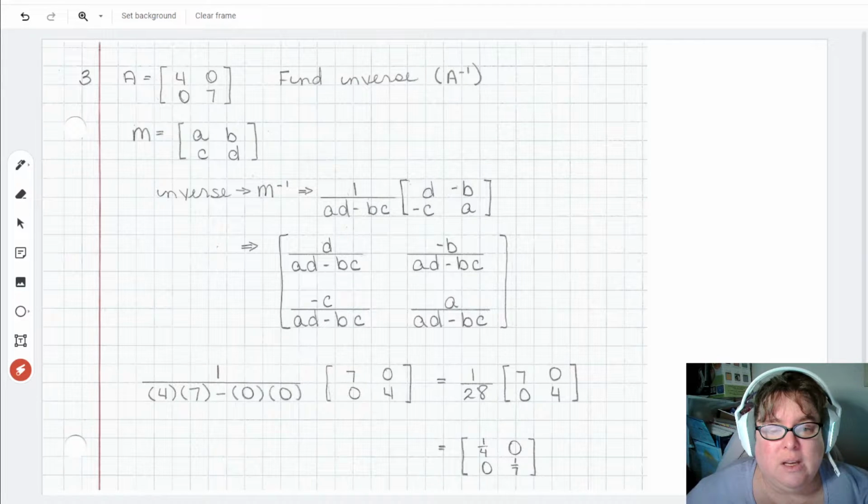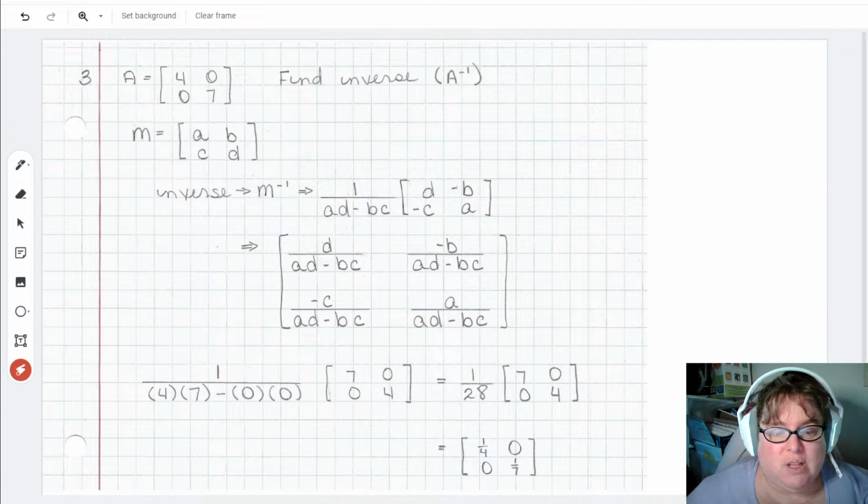Then you're going to multiply this matrix by the number that's in a times the number that's in d, minus the number that's in the b position times the number that's in the c position. And when we multiply that through into the matrix, this is what you get. You'll get d over ad minus bc.